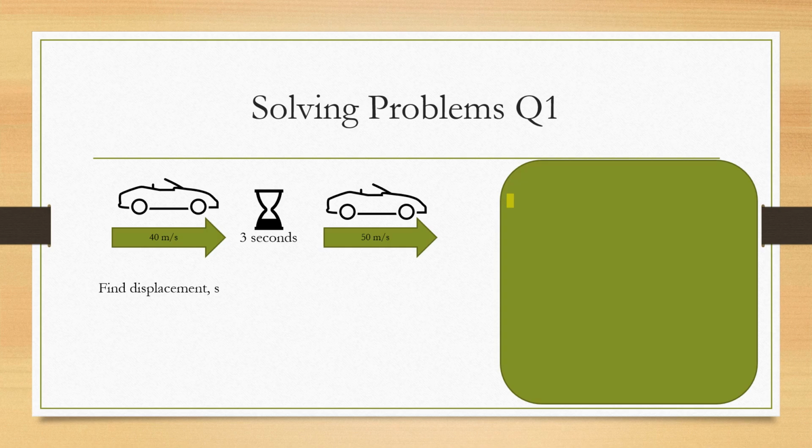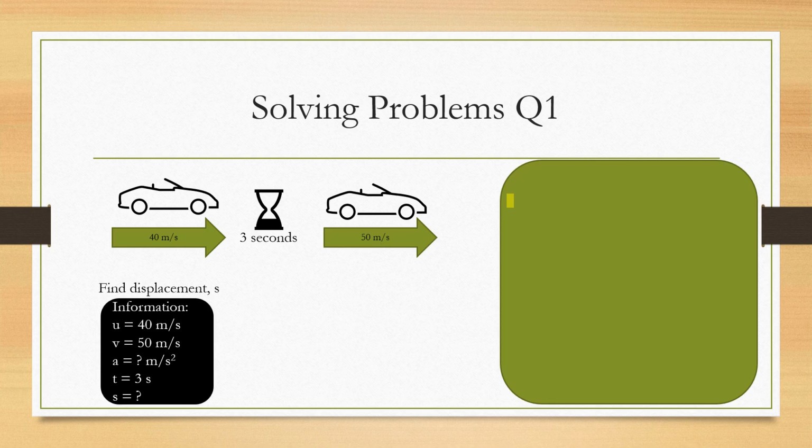The tip to answer all these kinds of linear motion problems is, when we read the question, we need to list all of the information. We have five physical quantities regarding linear motion, so we list them all: initial velocity, final velocity, acceleration, time, and displacement.